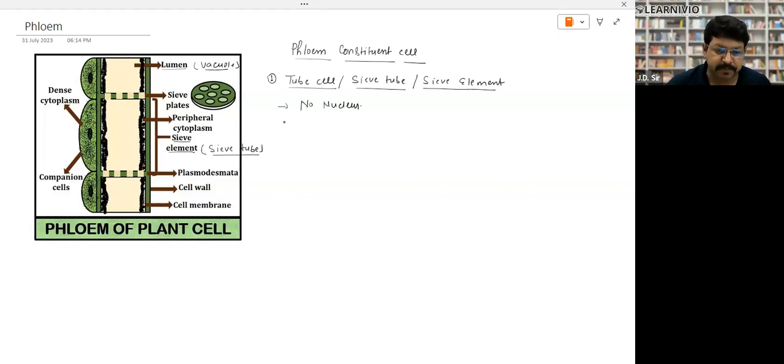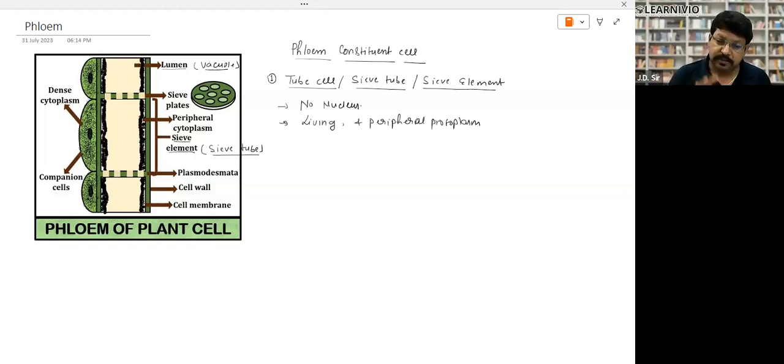And protoplasm is peripheral. So they are living, right? No nucleus, they are living, and peripheral protoplasm. One more important thing: the nucleus is called the brain of any cell, right?